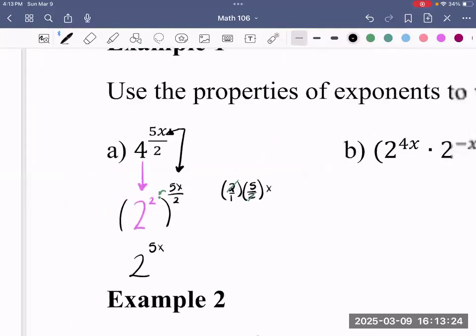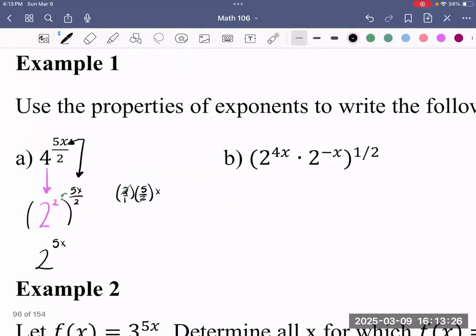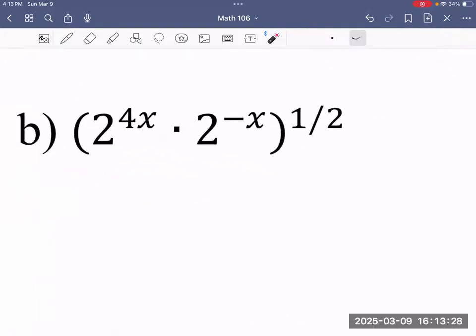Now let's see if you can try that again here. You'll notice that everything is already in the base of 2, so less work for you. You have the product property where we are multiplying 2 of the same bases. So see if you can clean this up to start. We can combine your exponents by addition.